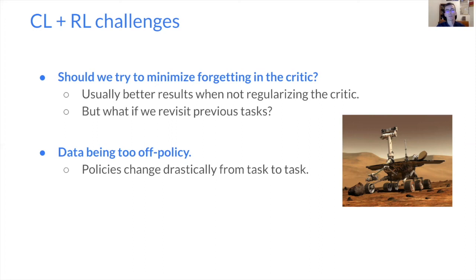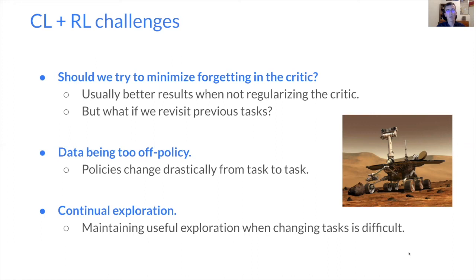We know that off policy data poses a challenge in general in reinforcement learning, and the distribution shift problem is even exacerbated in our setup because of frequently changing tasks. Finally, exploration in the continual learning setup is an important open problem. Choosing an exploration policy from a previous task could improve the results significantly. On the other hand, a poorly chosen exploration policy could degrade results severely.